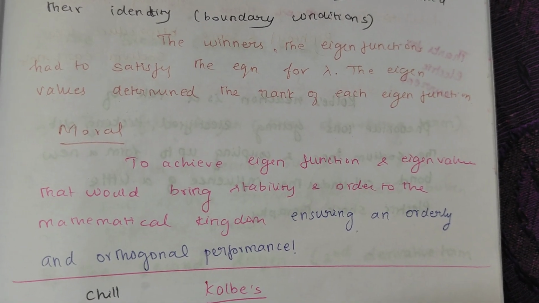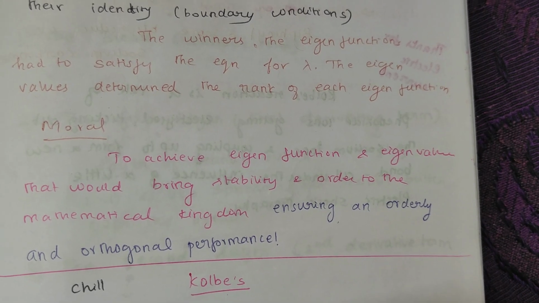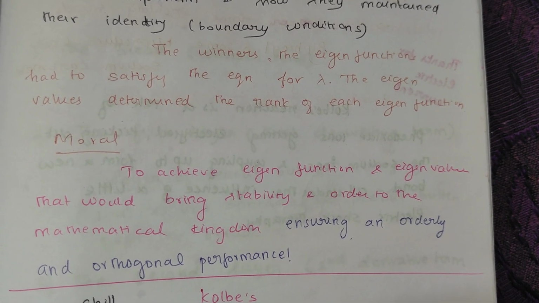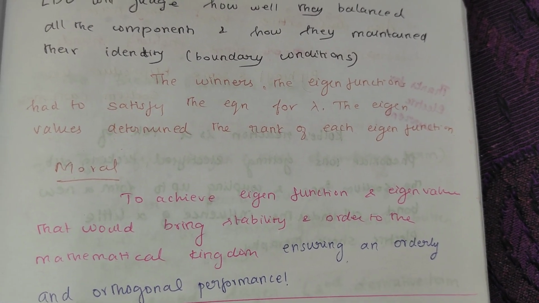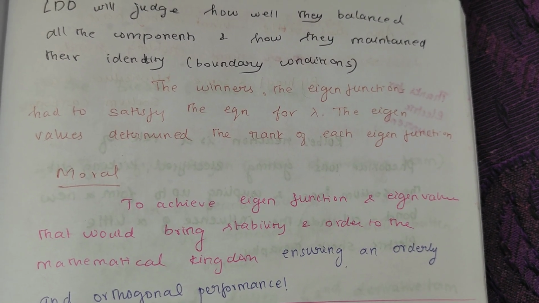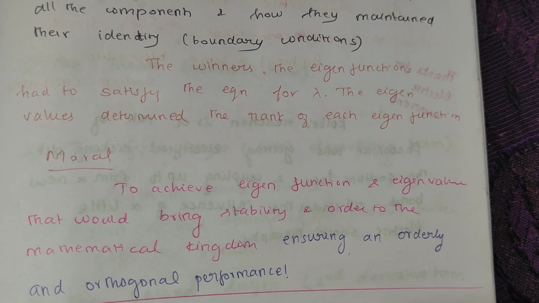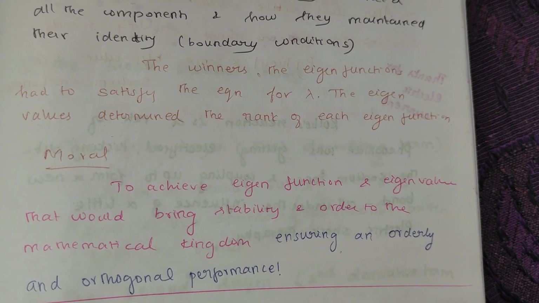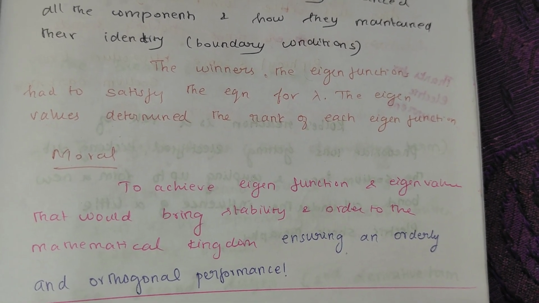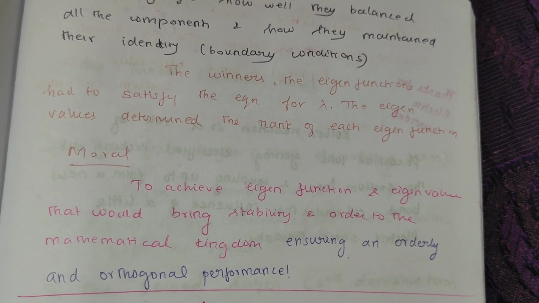Moral: to achieve the eigenfunction and eigenvalue that would bring stability and order to the mathematical kingdom, ensuring orderly and orthogonal performance. So here, finally, we have to achieve the eigenfunction as well as the eigenvalue, which bring stability and order in the mathematical kingdom and ensure order and orthogonality. That is what is important.